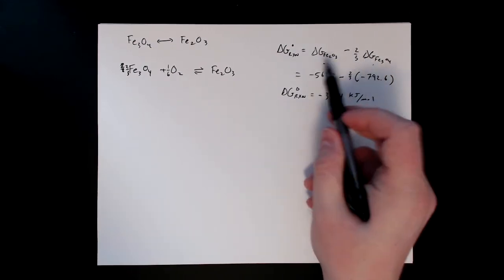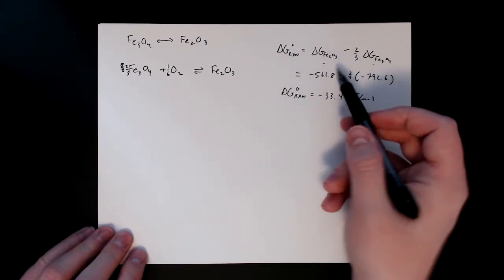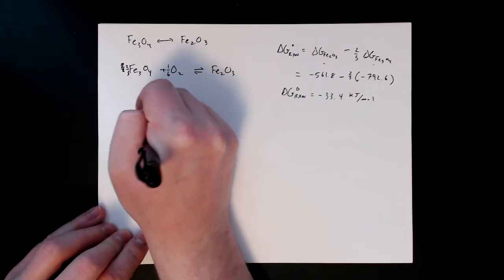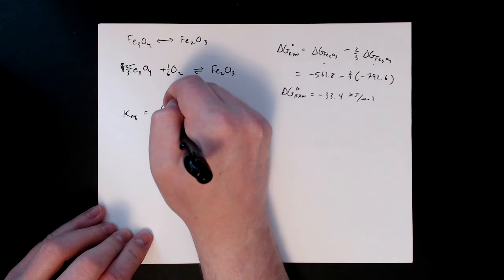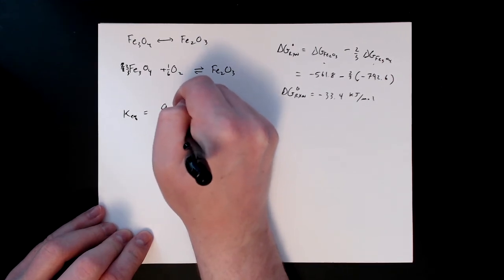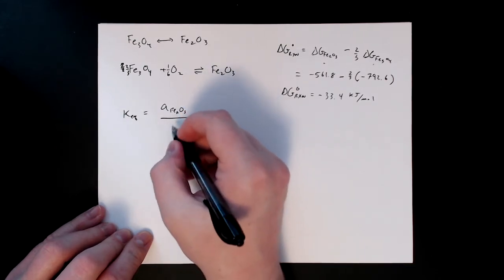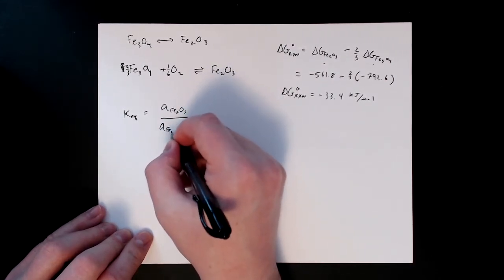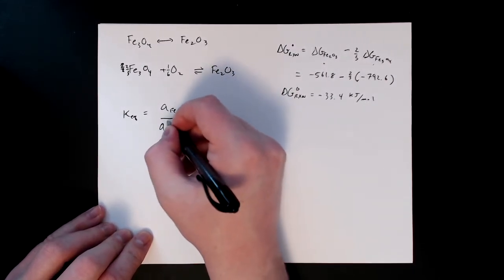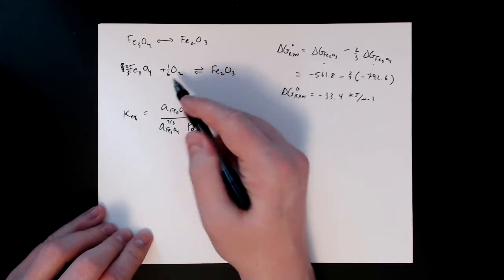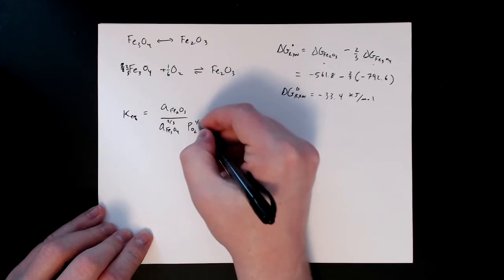So similar process that we did for the last one, accounting for the formation reactions. And then the same thing, we calculate the mass action expression, and just like we did before, we get the activity of Fe2O3, with no coefficient, over the activity of Fe3O4 raised to the 2/3, and then we have PO2, but in this case it's to the 1/6.